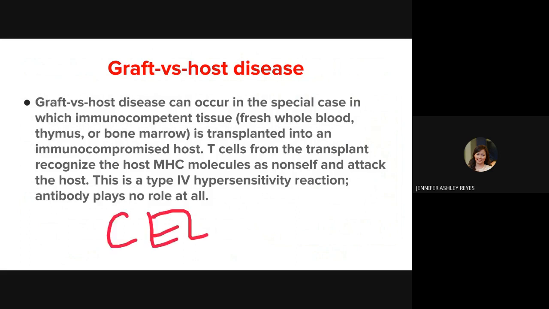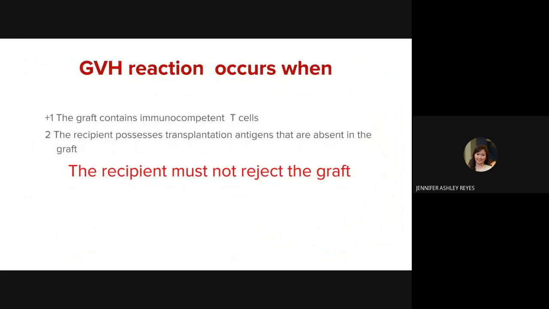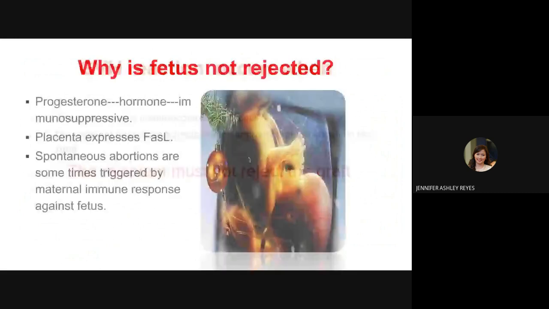So it is cell-mediated by T cells; antibodies play no role in graft versus host disease. Okay. So the recipient should not reject the graft, and we hope that the graft will not attack the recipient. Okay? So the fetus, yung sabi natin, is protected by the placental barrier para hindi siya i-attack ng system ng mother.